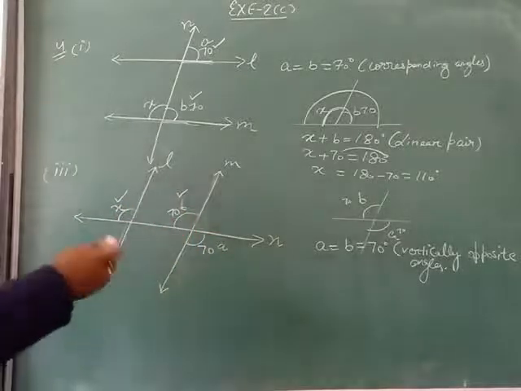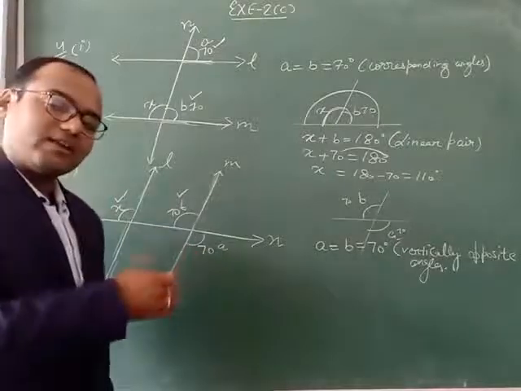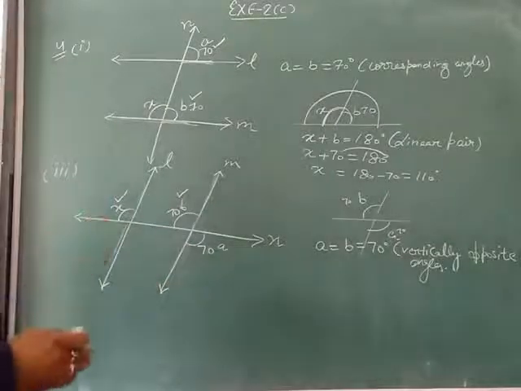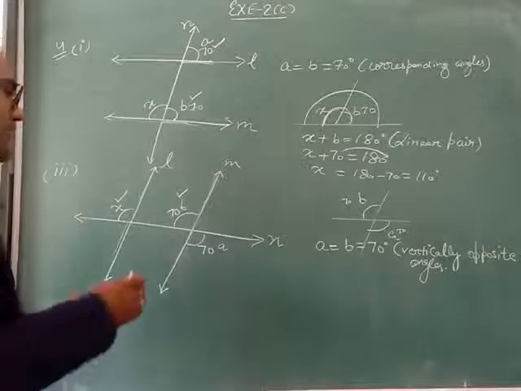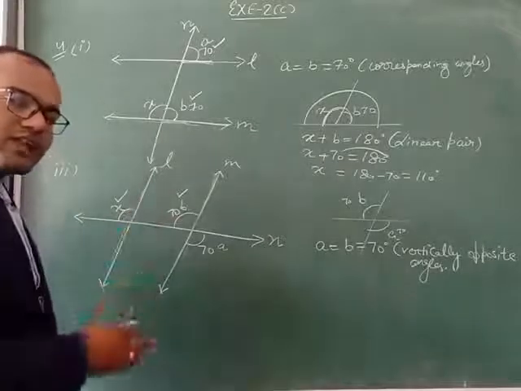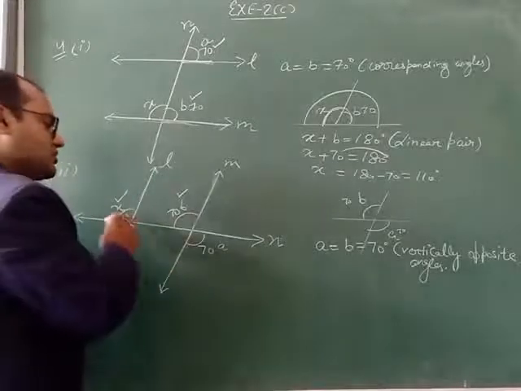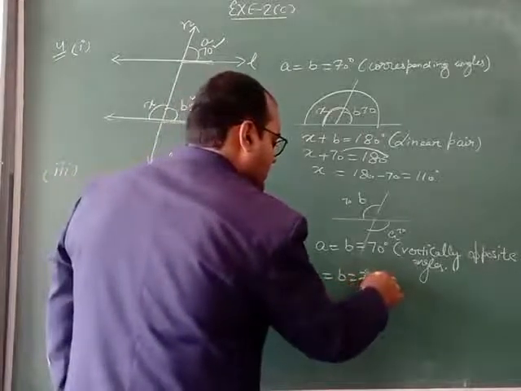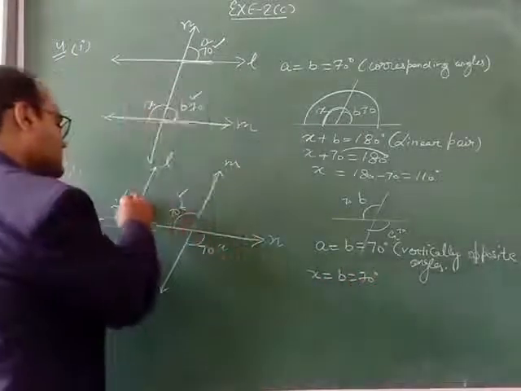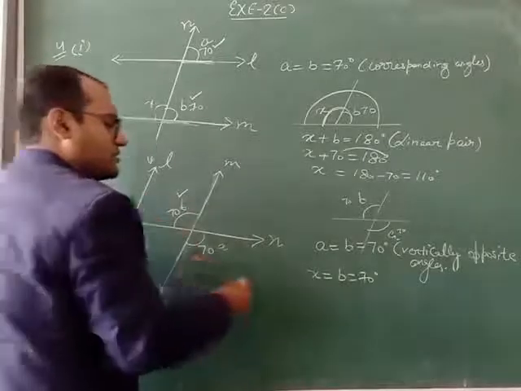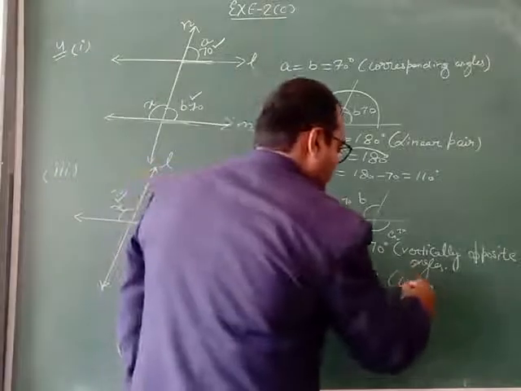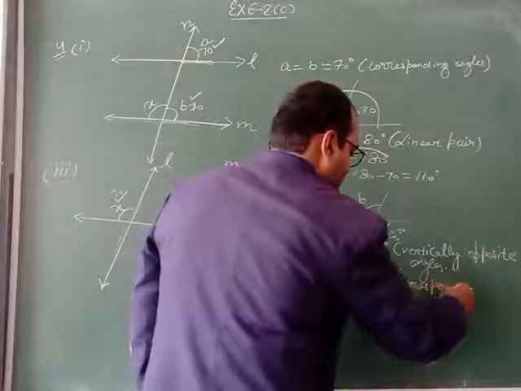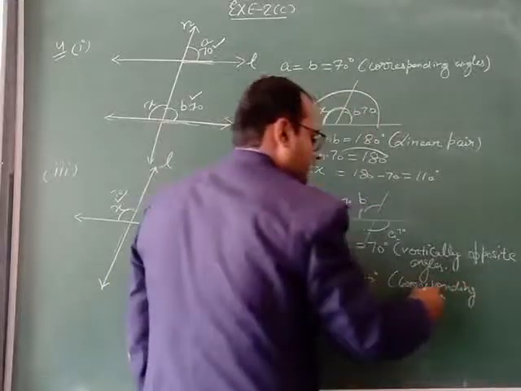So it is on the same side of the transversal and on the same side of the parallel line. So such angles are known as corresponding angles, and we have to take the value of both the angles equal to each other. So X and B both are 70 degrees because such angles are known as corresponding angles.